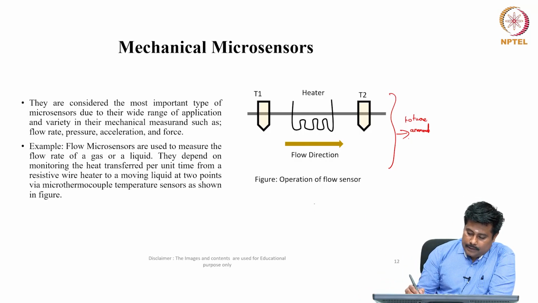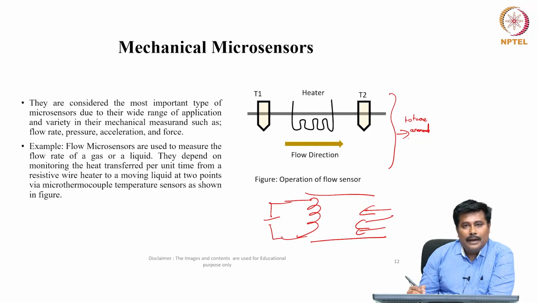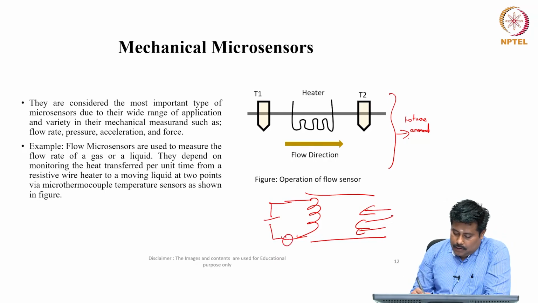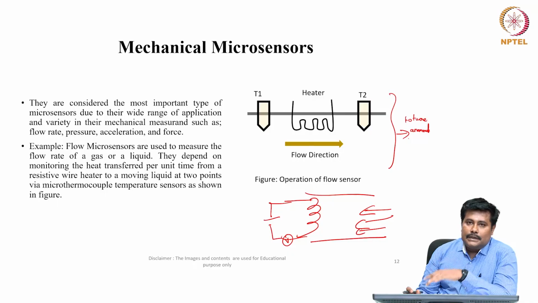Now, in other words, we can also represent it like this. Let us consider a coil. Through this coil, a flow is passing. This is connected to an electrical biasing, and there is a voltmeter available over here. When a current is passing through this coil, and there is a continuous convection of air which passes through it, there is going to be a reduction in the heat.